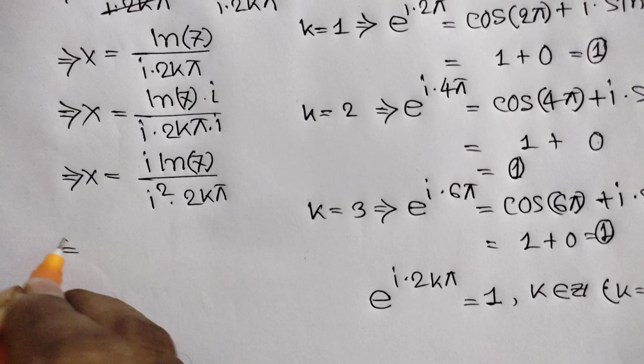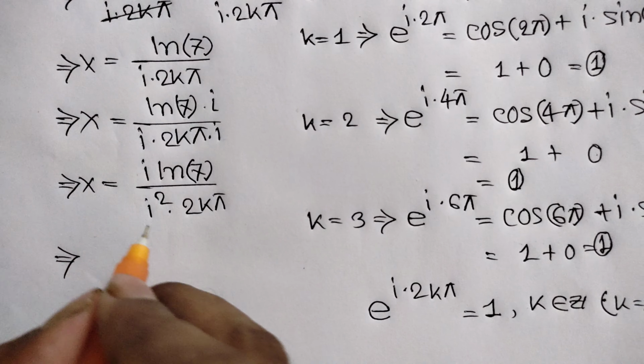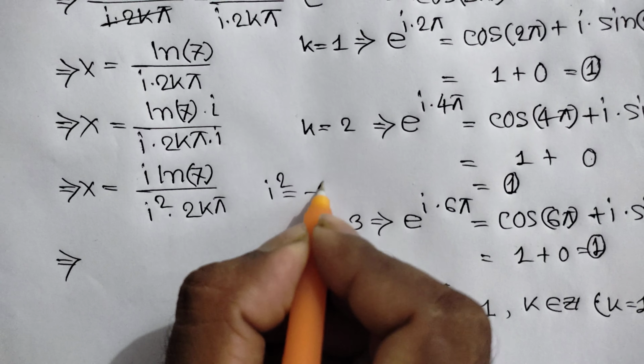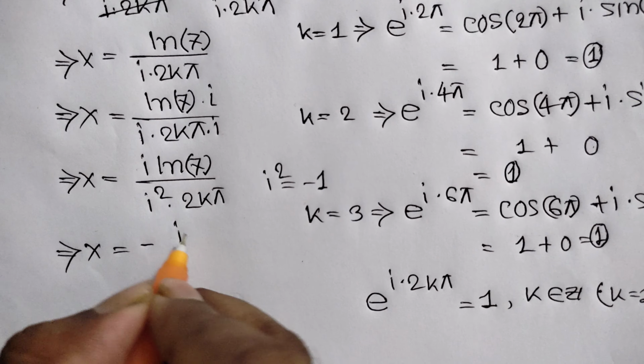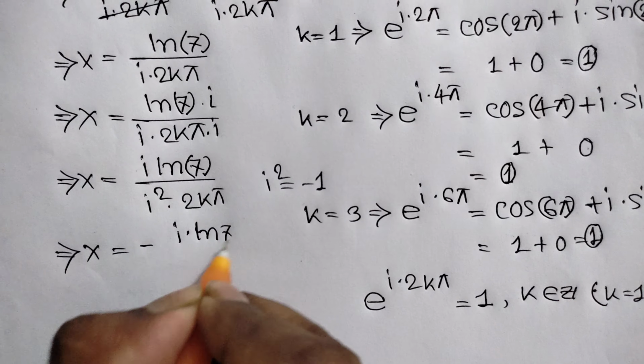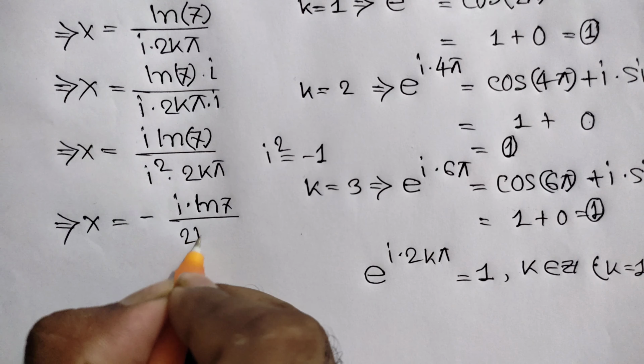We know that i square is equal to negative 1, so we can write here x is equal to negative i times ln of 7 over 2k pi.